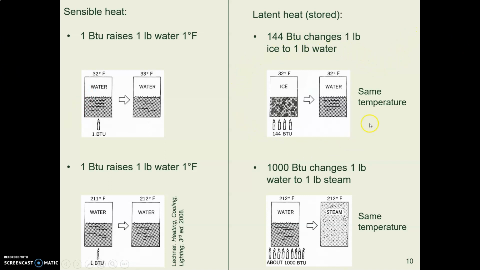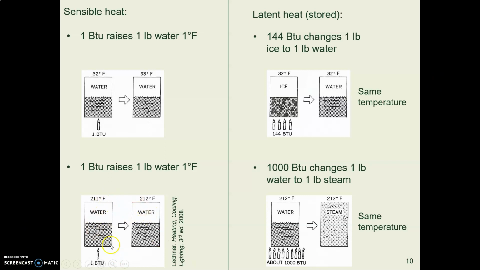But over here on the right now, if you have 1 pound of ice at 32 degrees, to melt that 1 pound of ice, to change its state to liquid, even at the same temperature, takes 144 BTUs, a lot more energy.